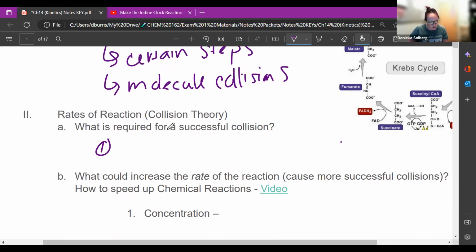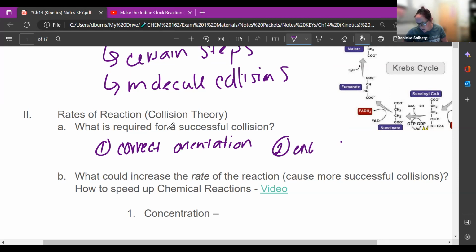One of those things is the correct orientation. Certain molecules might have to interact this way, certain molecules might have to interact that way. They have to be in a specific orientation in order to connect to the right atom, for example. They also have to have enough energy to react.